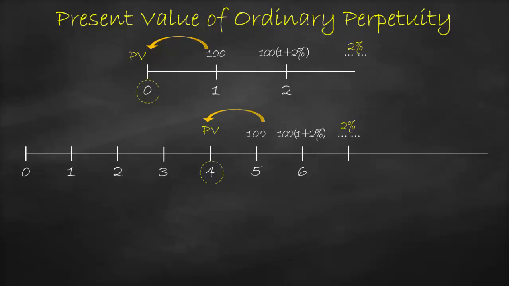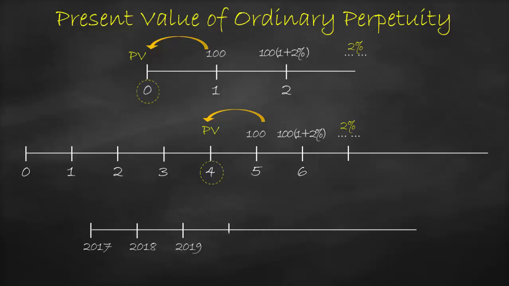Let's get another example about calendar year. So here we have year 2017, 2018, 2019, 2020 will receive 100 million. In year 2021, it will be 100 million multiplied by (1 plus 2%). We assume that we have a constant growth rate of 2%. It will continue forever. Therefore, I will put dots, and above the dots we'll put 2%. So our first cash flow here happens in year 2020.